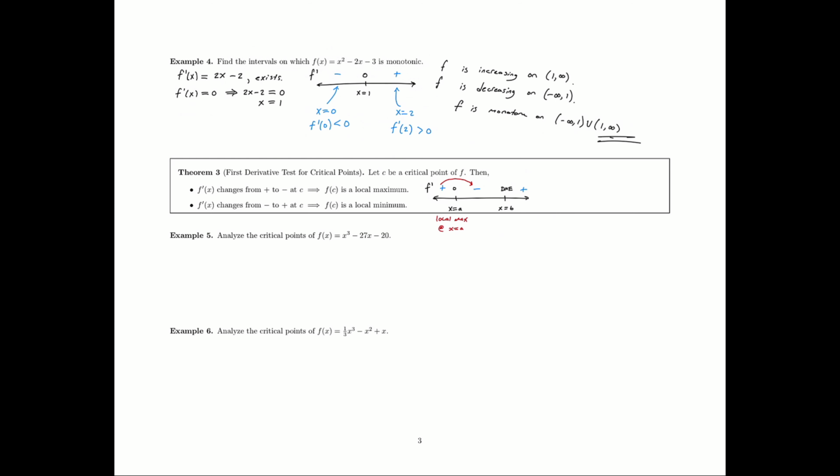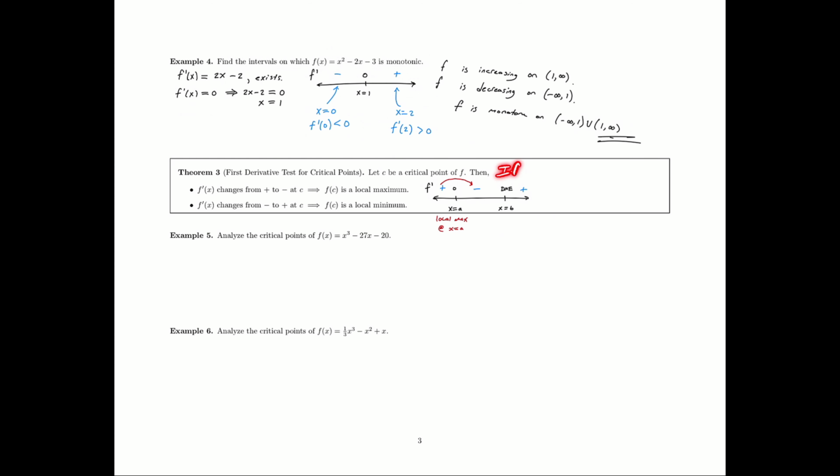Similarly here, we are decreasing and then increasing, now a little different here. In the middle, we don't actually flatten out. The first derivative doesn't exist. So this could mean a couple different things here.